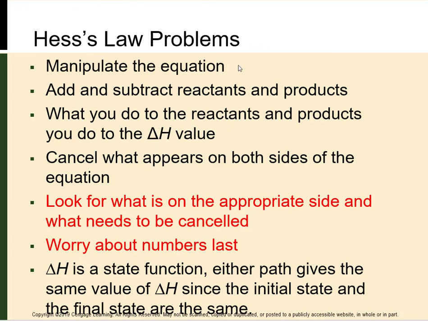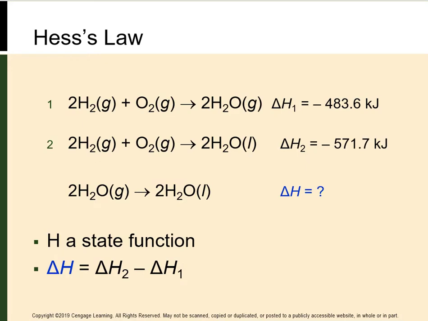What you do to the reactants and products, you have to do to the delta H value that goes along with that equation. Cancel what appears on both sides. Look for what is on the appropriate side and what needs to be canceled. Worry about the numbers last. So delta H is a state function, right? Either path gives the same value since the initial and final states are the same.